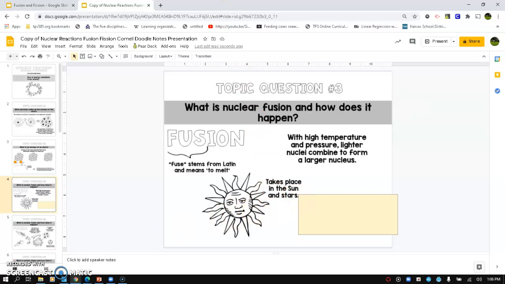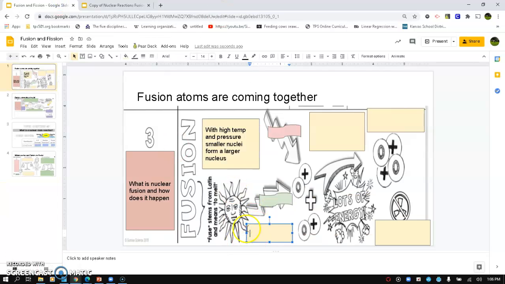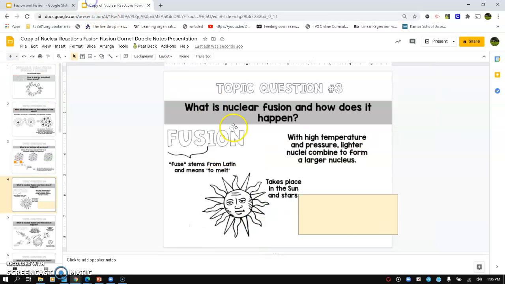All right. So that will go right here. Okay, it needs temperatures of over 10 million degrees Celsius to get this started.